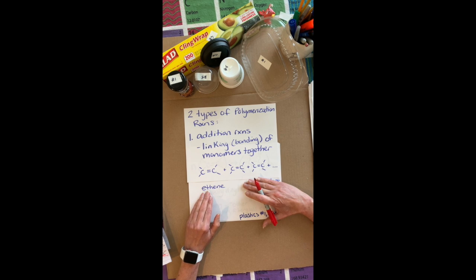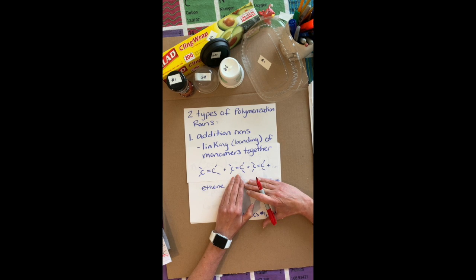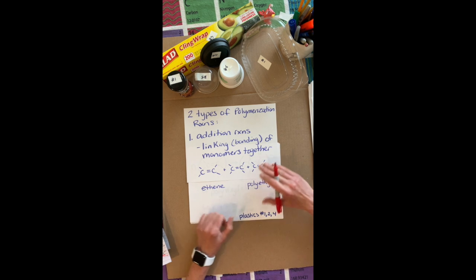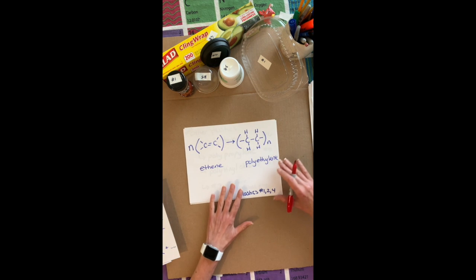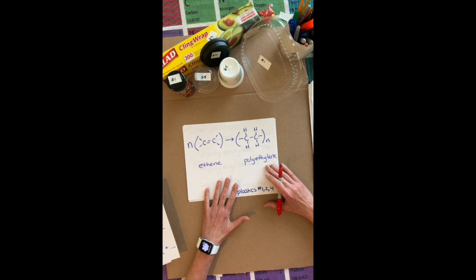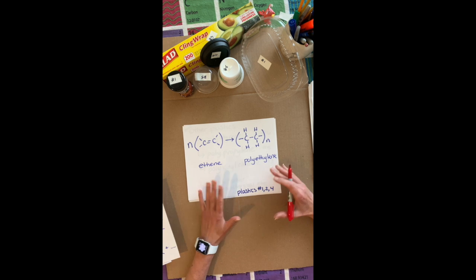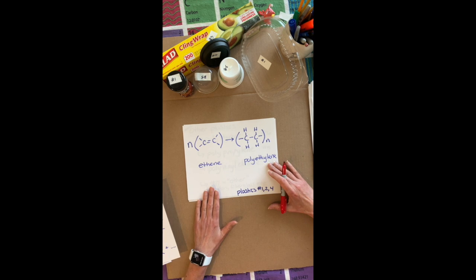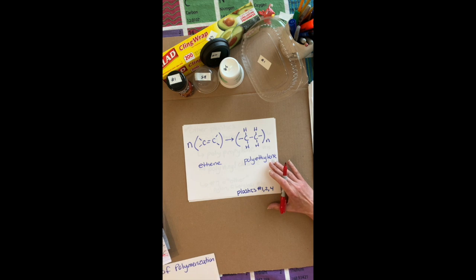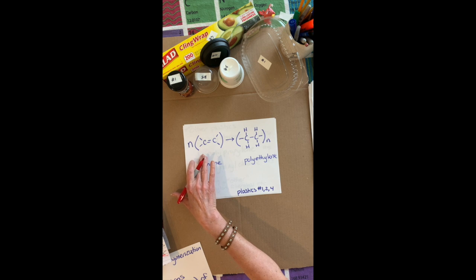If I were to take ethene and combine many of them, thousands of ethenes together, I would make, through a polymerization reaction, polyethylene. It's impossible and unreasonable to expect you to write the chemical formula for a polymer, because polyethylene literally is made up of 2,000 of these.